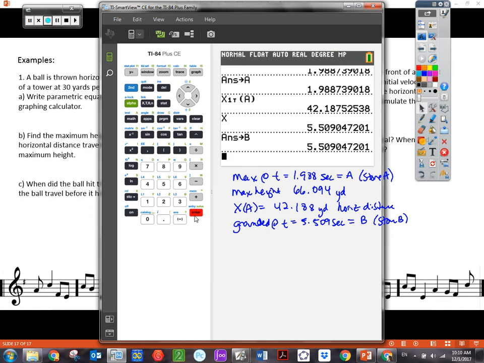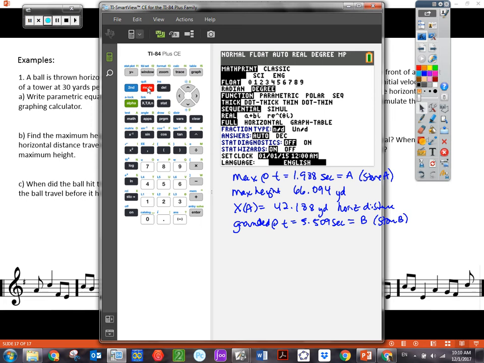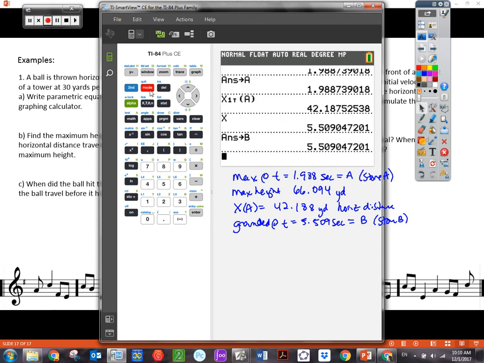And now it wants our how far horizontally did the ball travel? What could we do? We need to pull down the x equation, right? We need to be back in parametric mode. So go to mode. Let's go back to parametrics. And so now let's pull that.